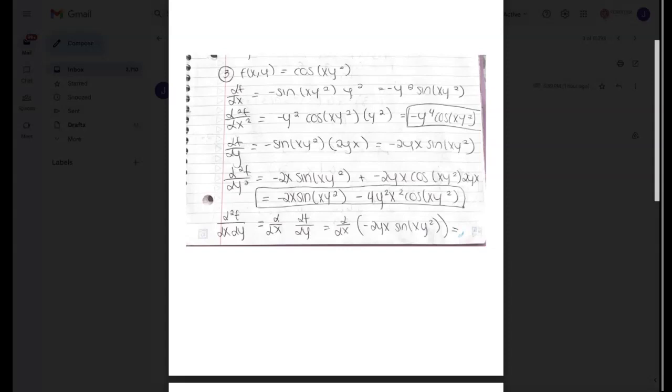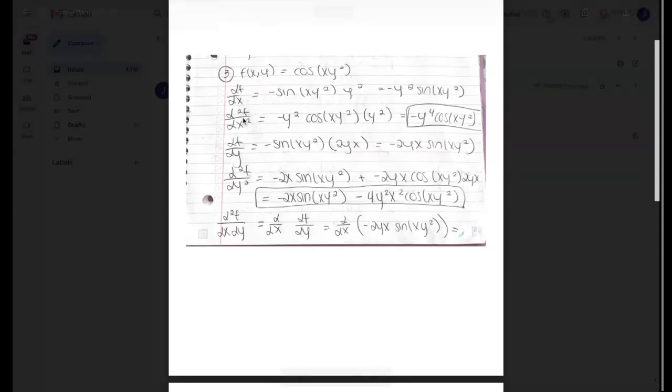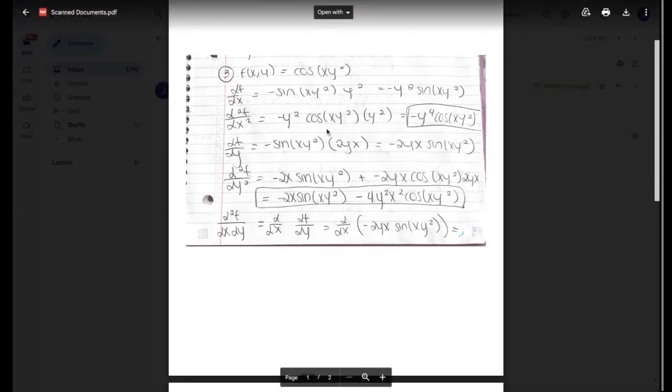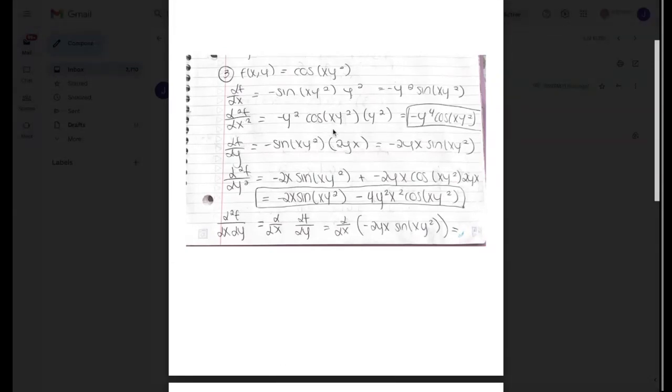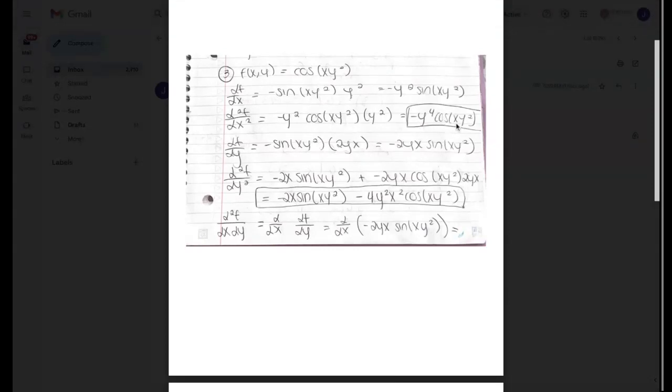So that is negative y squared sine xy squared. And then I took the second partial derivative, doing the same thing, keeping y constant and only differentiating x, I got negative y to the fourth cosine xy squared.